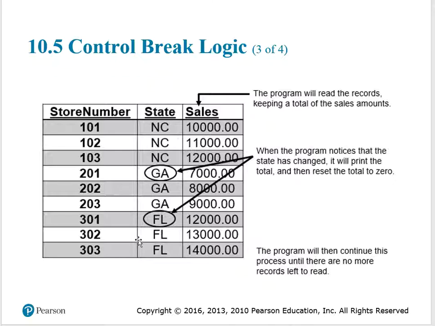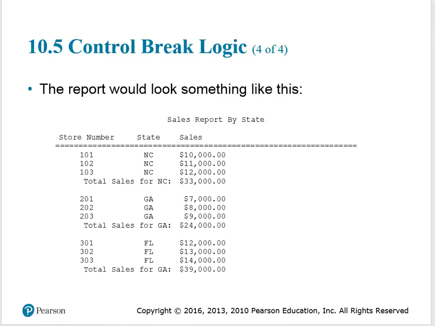And you can notice that when the program changes the state, it will print the total and then reset the total to 0. And then after that, it will continue to go on and process until there are no more records to access. So this report looks just like so.